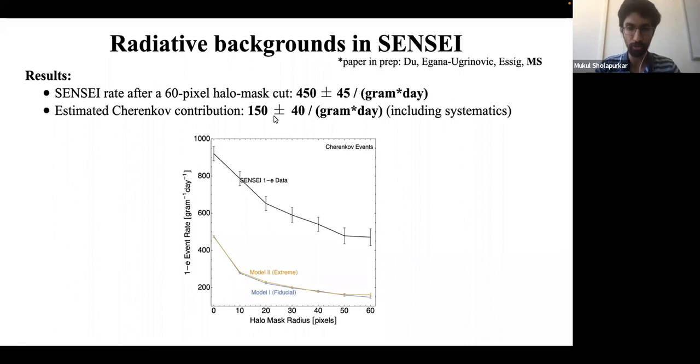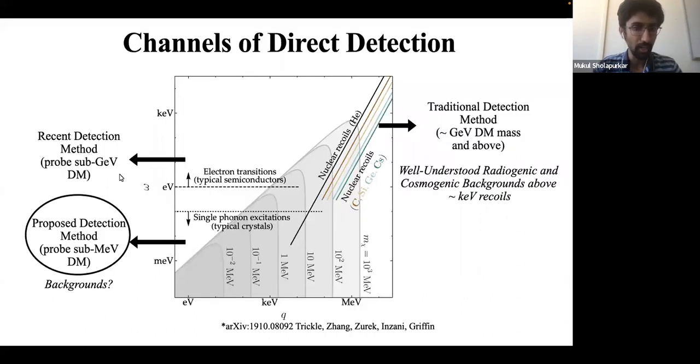And what we wanted to point out, and what we will point out in this paper, is that in any future versions of SENSEI or in other detectors as well, we need careful evaluation for every detector, or a careful simulation for these processes where you can get these backgrounds, and people have to think about how to mitigate them very carefully. So with that, I'll move to the second part.